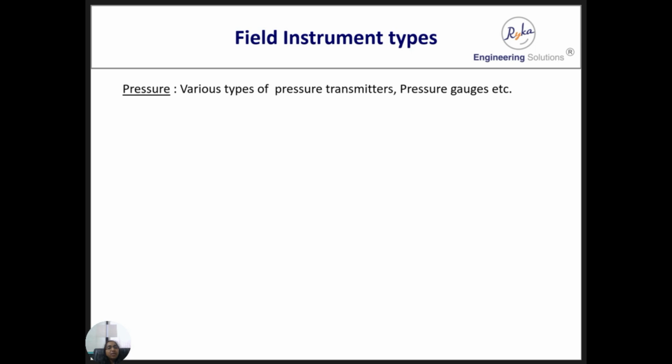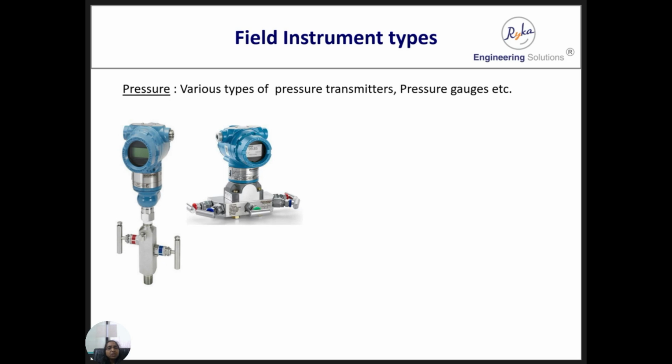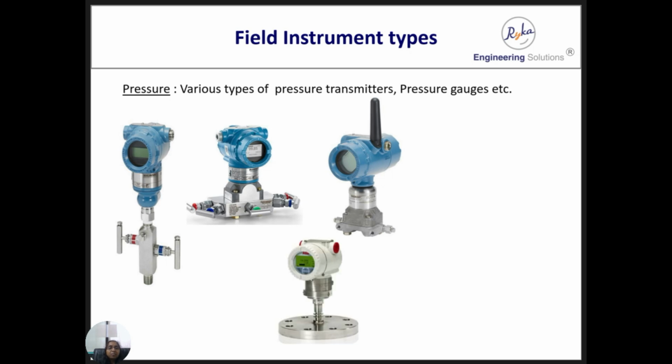In pressure type, there are various types of pressure transmitters and pressure gauges. This is a typical differential pressure transmitter. Then in pressure transmitters, there are also differential pressure transmitters. Wireless type pressure transmitter is there. Diaphragm seal type pressure transmitter is there. And this is a pressure transmitter without indication.